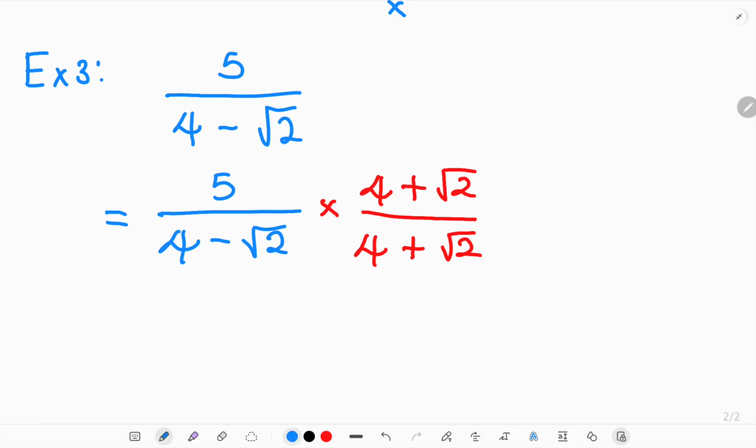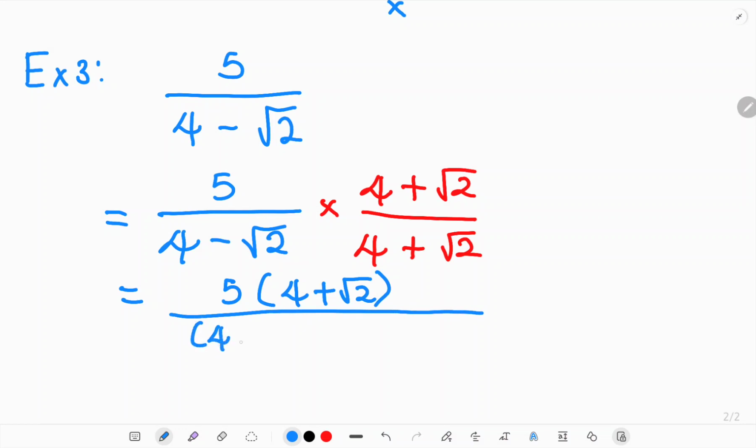So let's multiply. This results in 5 times 4 plus root of 2 in the numerator. And in the denominator, we're going to have 4 minus root of 2 times 4 plus root of 2, right? In this case, we need to distribute in the denominator.